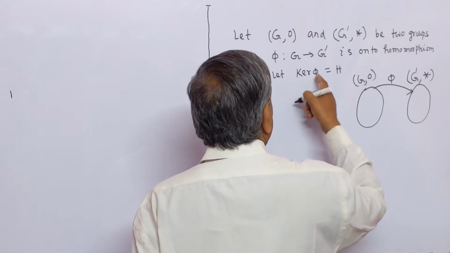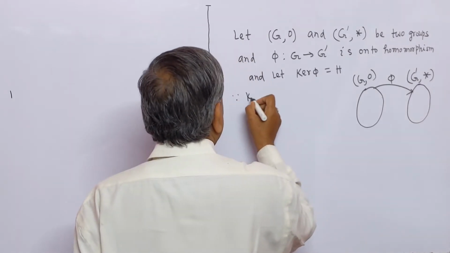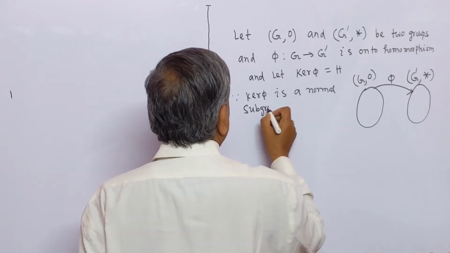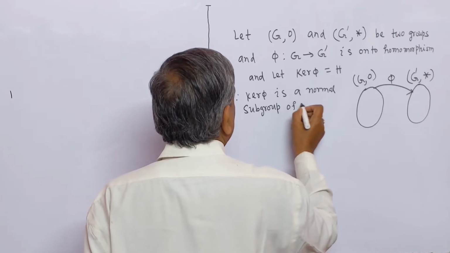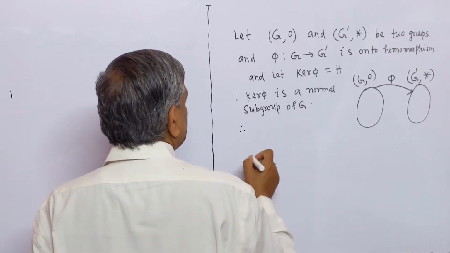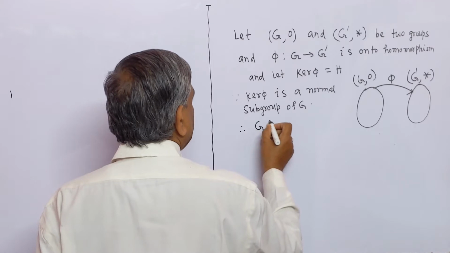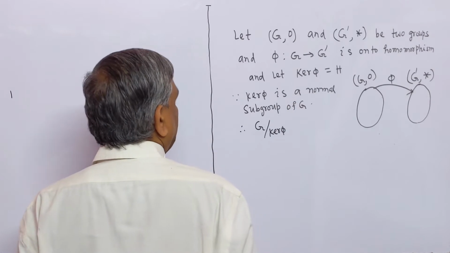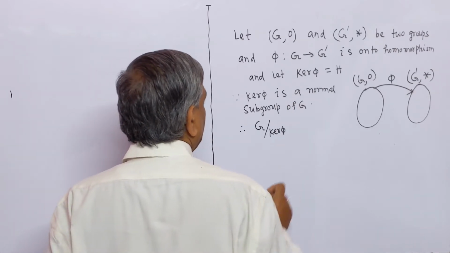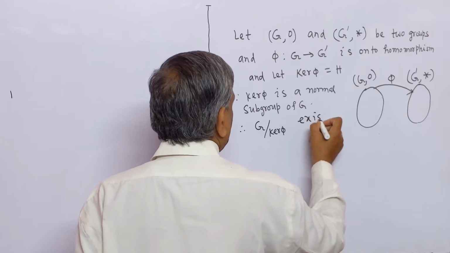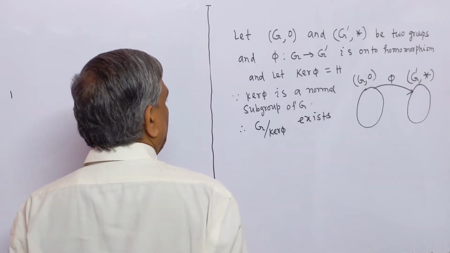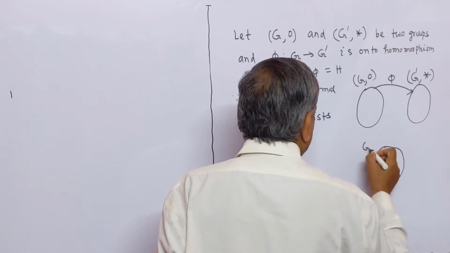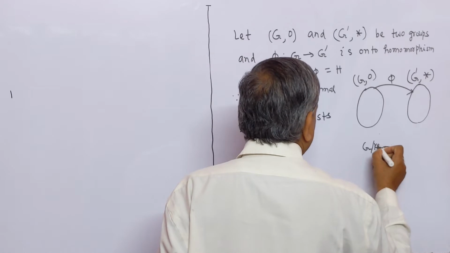Since kernel of phi is a normal subgroup of G, therefore the quotient group G by kernel of phi exists. Here this is the quotient group G by kernel of phi.